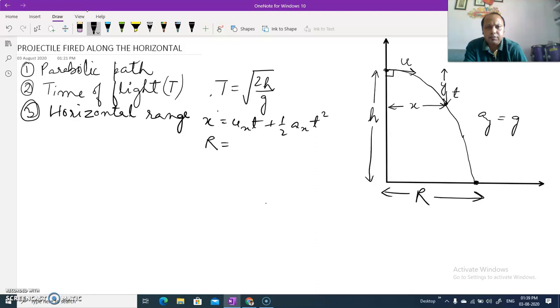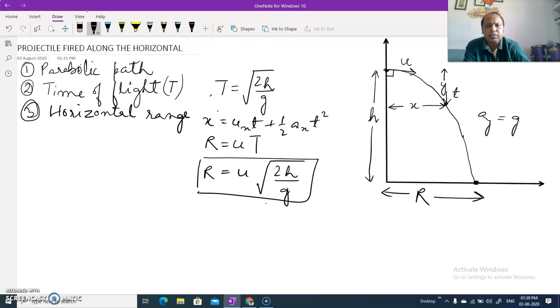So r will be equal to initial velocity along the x-axis u, the time taken to reach the ground is capital T, and the value of ax is 0. So we can write r is equal to u into the value of t we have already calculated, root over 2h upon g. So the horizontal range is given by u into root over 2h upon g. So I hope this is also very clear to you.